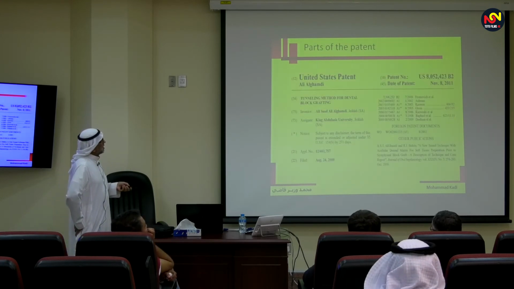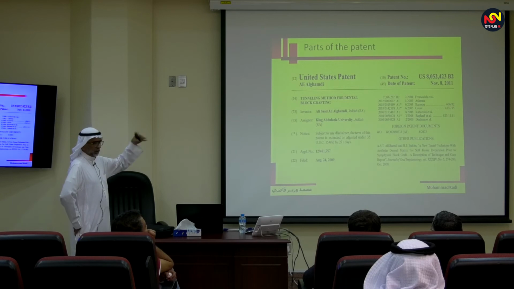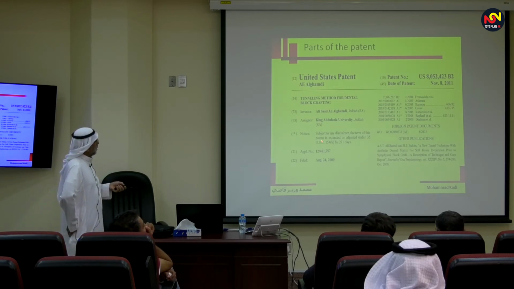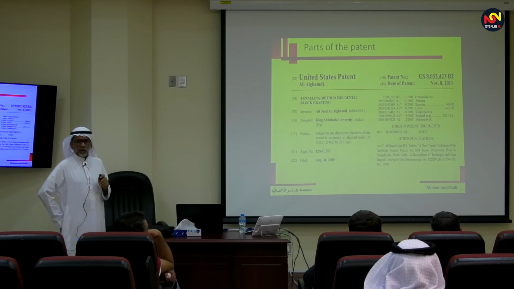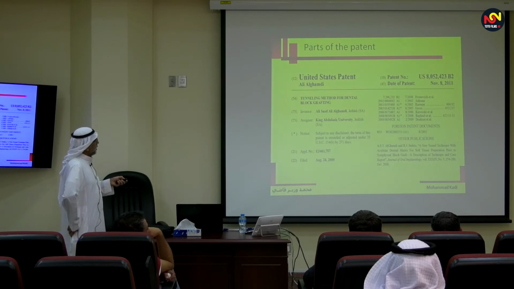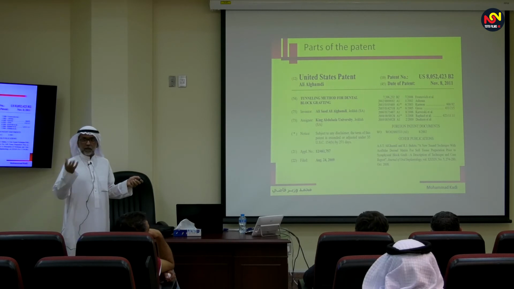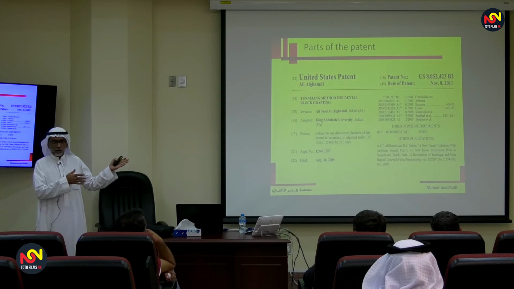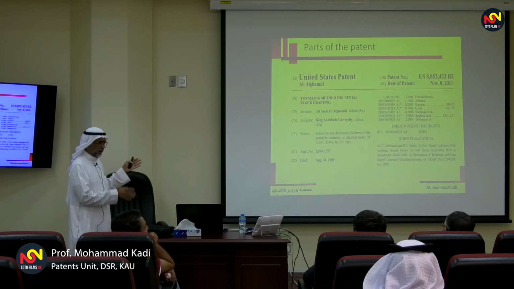This is just to show you how patents look like. There is a formal cover sheet, and you see here the assignee is King Abdulaziz University, and the inventors are also listed. Assignment of the invention doesn't mean your name is gone from the invention.